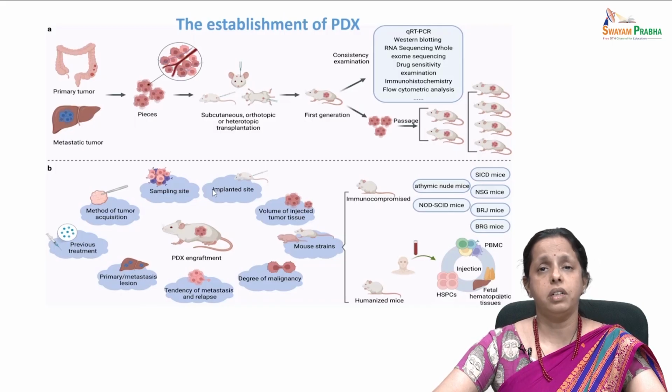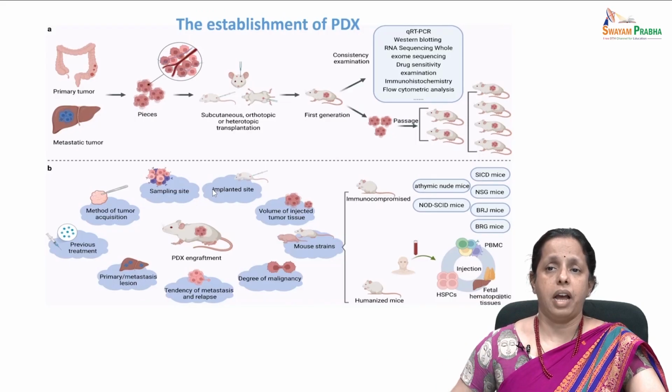Generally, when the tumor reaches a particular size, it is passaged into the next generation. The time of PDX establishment gradually stabilizes at about 40 to 50 days with passages.